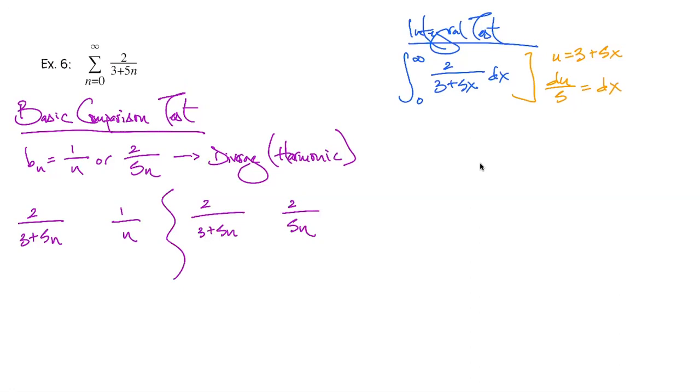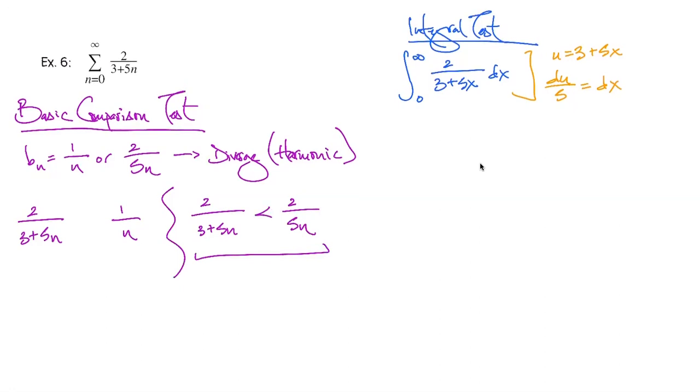Our b sub n is larger. Yeah, I would say in this second pair over here, it's a little bit easier, at least for me to see, because the only difference is that +3, right? So I know that that one is larger.